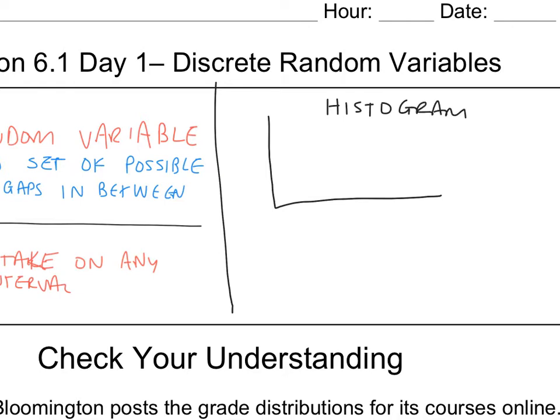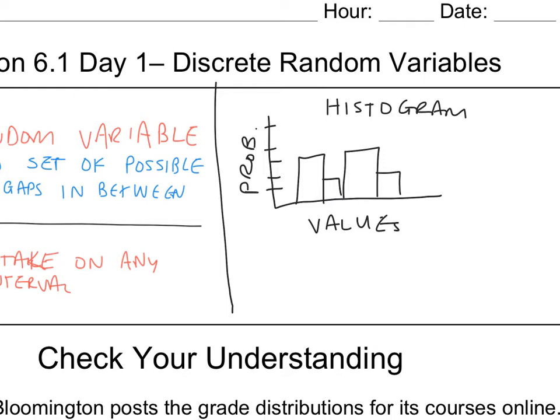At the bottom go the values, for example one sibling, two siblings, three siblings, four siblings. And what we would run up the side here would be the probabilities of those given numbers of siblings in a given group.